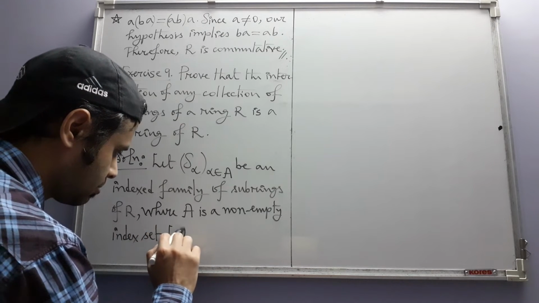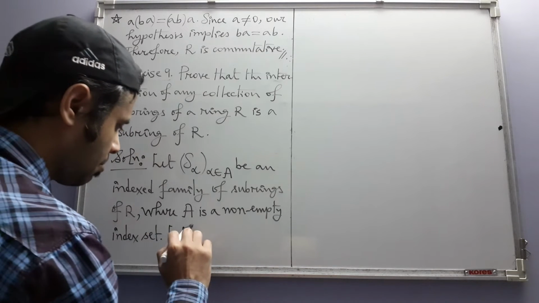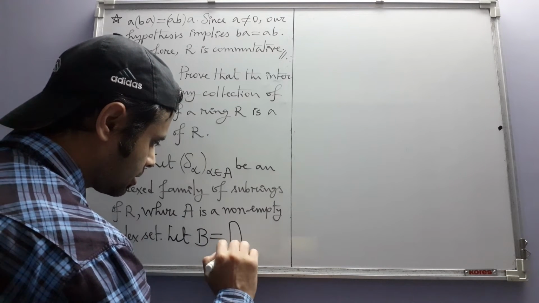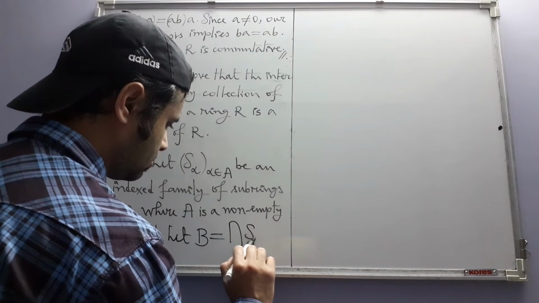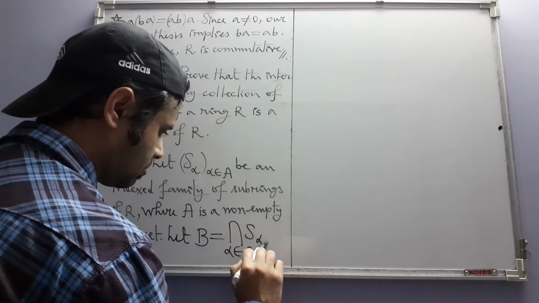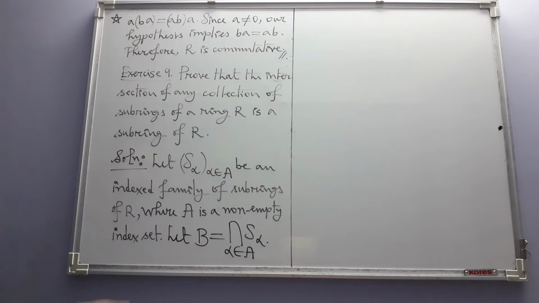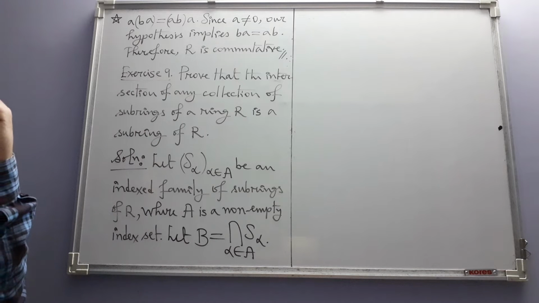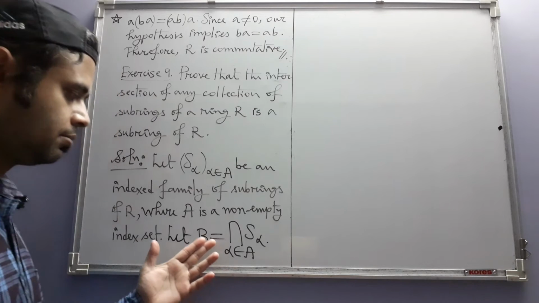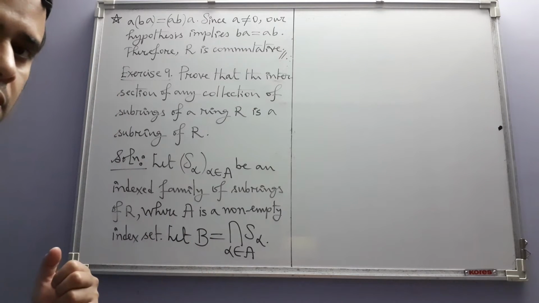Let B be the intersection of the S alphas. We now have to prove that B is a subring of R. The first thing we need to make sure is that B is non-empty.